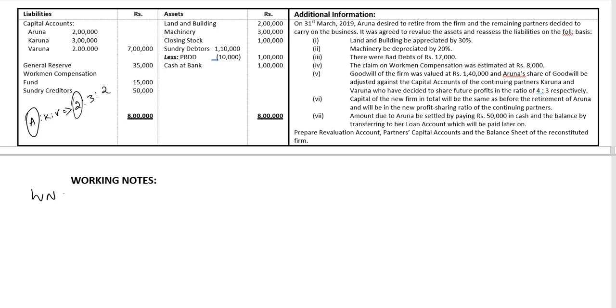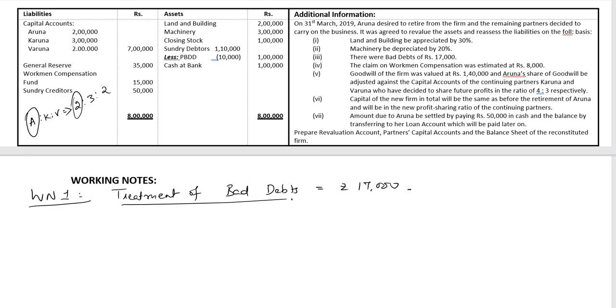So working note 1 is treatment of bad debts equal to rupees 17,000. The first journal entry will be to write off the bad debts.